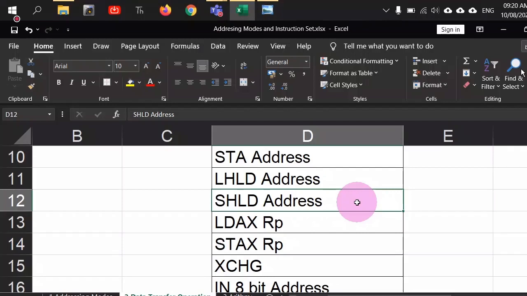If the higher order byte of the register pair is copied to the higher address, and lower order byte is copied to the lower order address, then we call that format little endian format. And in 8085, we will be using little endian format by default, right?